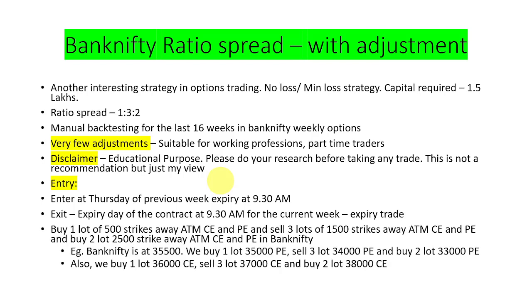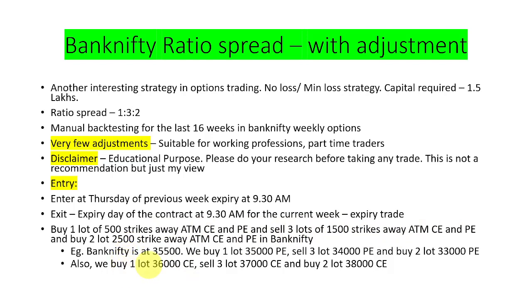So for example, 1:3:2. We buy one lot of 500 strikes away ATM call and put, and we sell 3 lots of 1500 strikes away ATM call and put, and we buy 2 lots of 2500 strikes away ATM call and put.